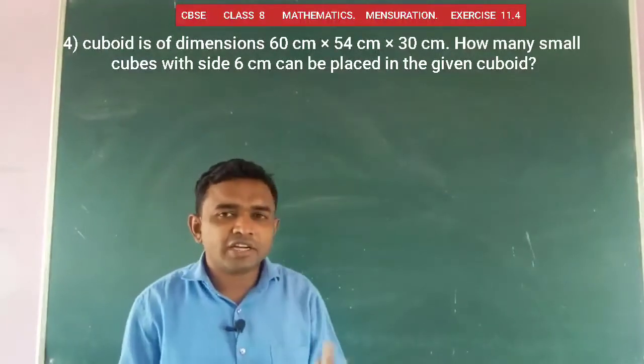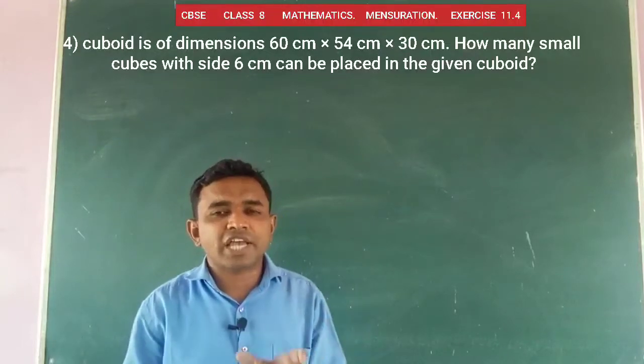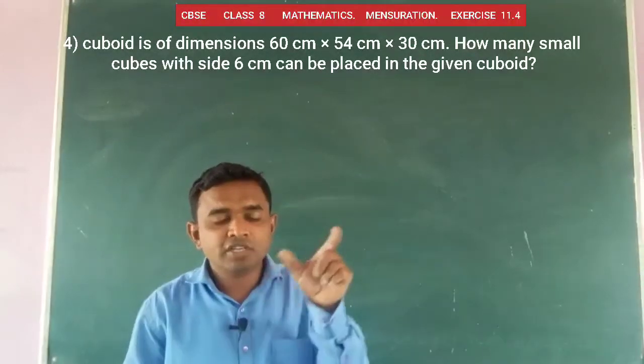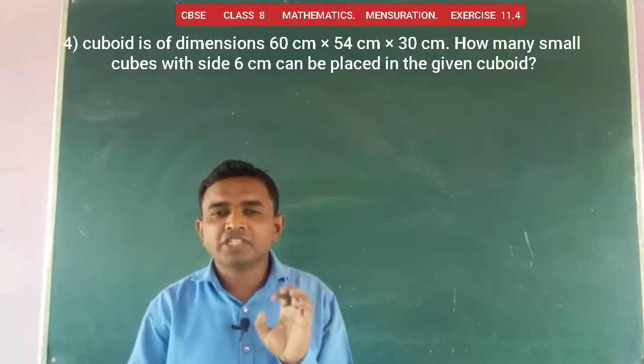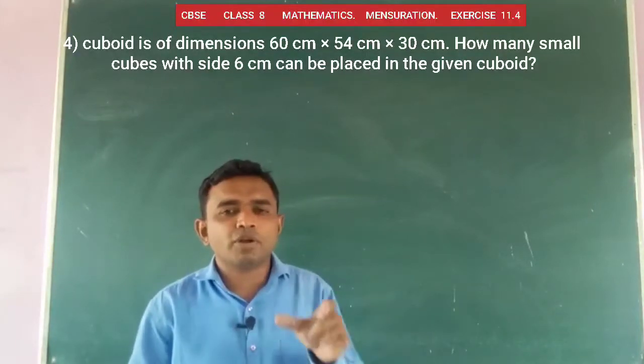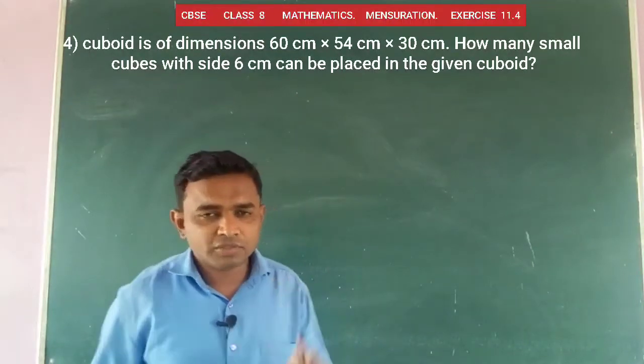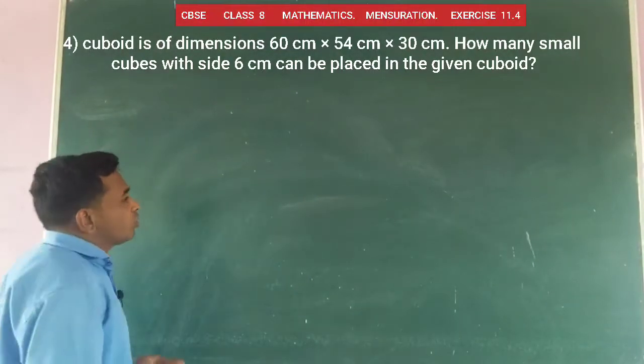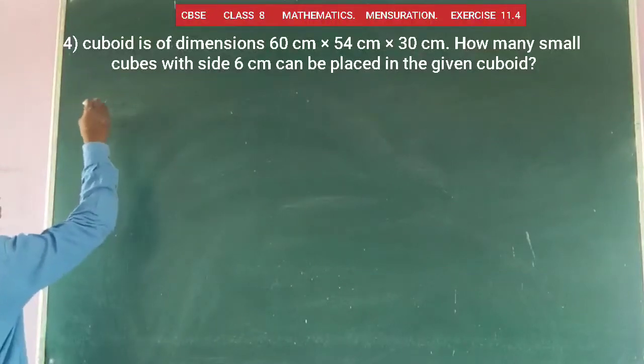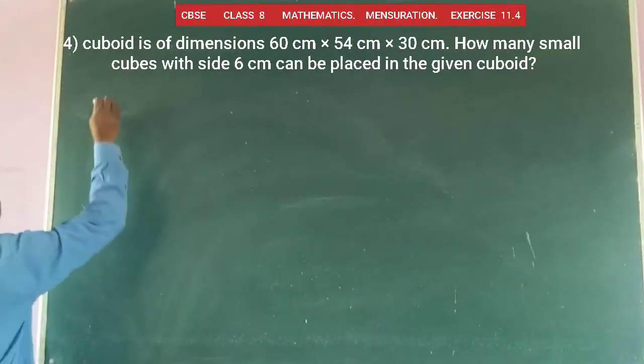The question is how many small cubes of side 6 centimeter can be placed in this big cuboid. That means we have to find the total number of small cubes placed into the big cuboid shaped box.